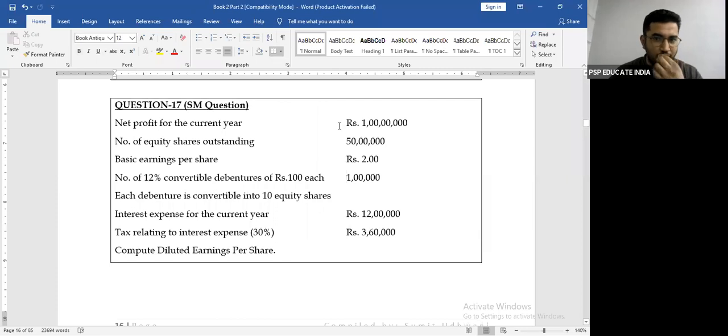It says your net profit for the current year is 1 crore. Your number of equity shares outstanding is 50 lakhs. Chalo, quickly on the chat box. What's your EPS? Your profit is 1 crore. Number of shares outstanding is?